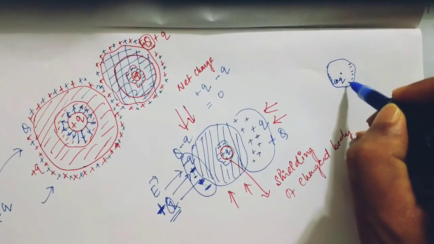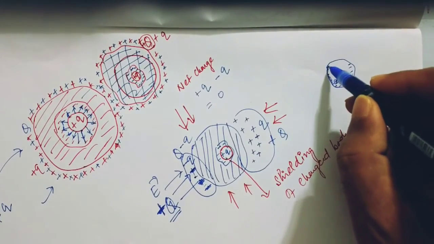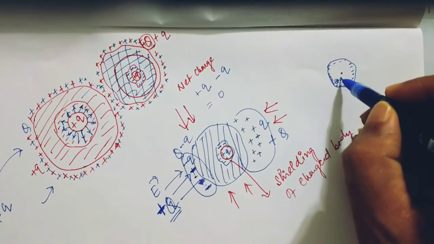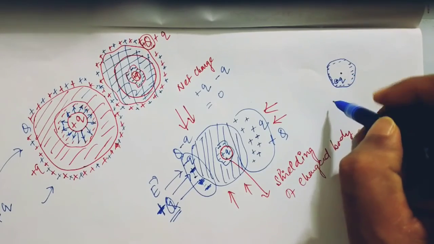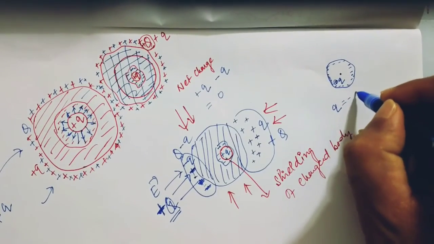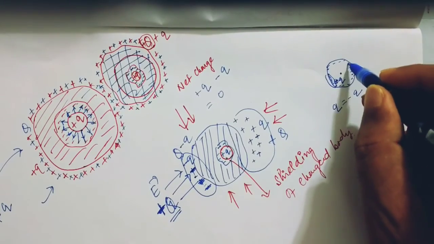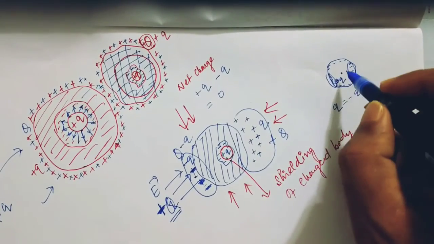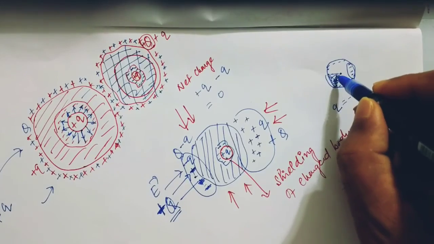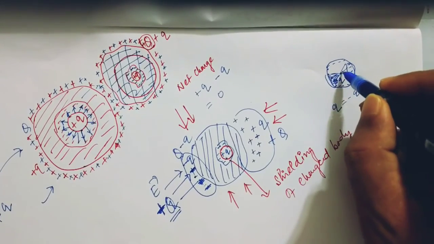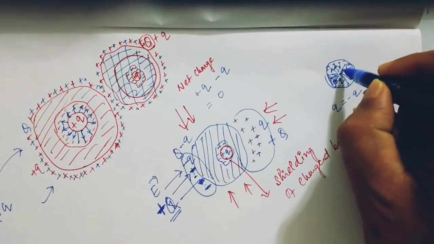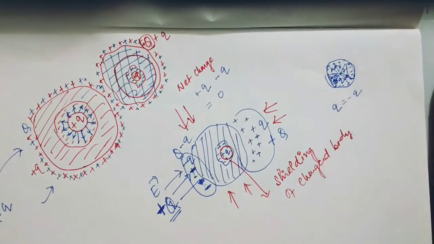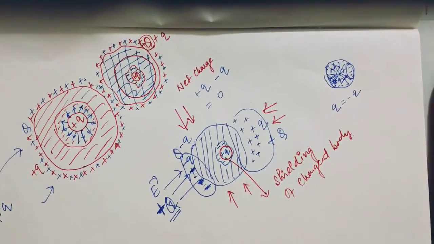But the total amount of electron clustering due to the positive charge here will be the same, Q equal to minus Q. Only the gradient will be a little different, but it is again negative only. The field lines will be closer here and sparser and less dense on this side. Correct?